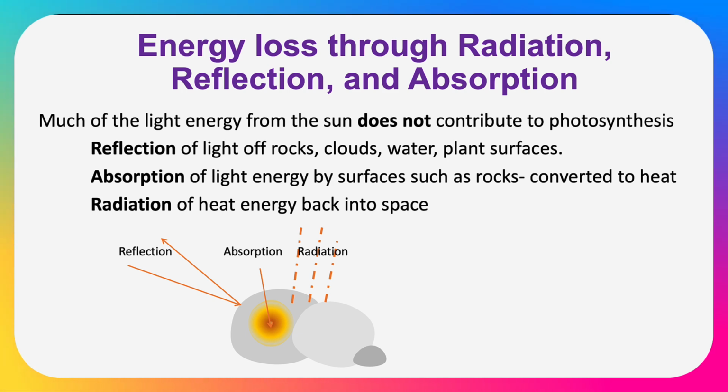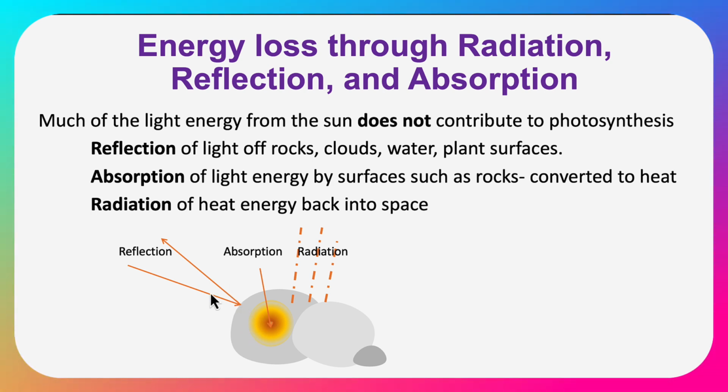Now, one of the things that we need to consider is how energy is lost through radiation, reflection, and absorption. So most of the energy, the light energy that hits the Earth from the sun, doesn't actually contribute to photosynthesis. Some of it's just reflected off light surfaces like rocks, clouds, water, other parts of plants that aren't involved in photosynthesis. Some of it is absorbed, so like rocks, for example, might absorb light energy and convert that to heat.